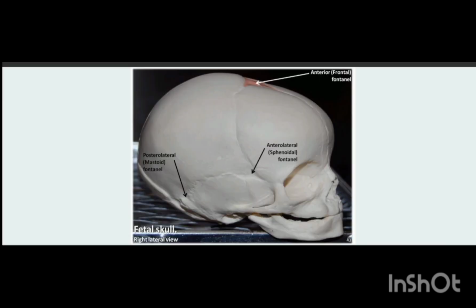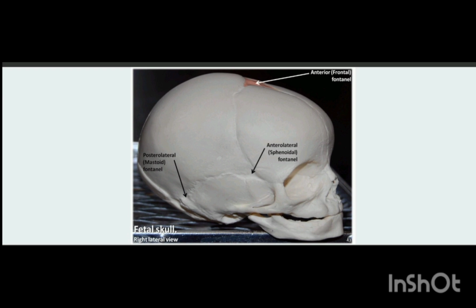Two more less important fontanelles are the anterolateral or sphenoidal fontanelle. It is present anteriorly and laterally, so it is called the anterolateral fontanelle, or otherwise the sphenoidal fontanelle, because the temporal bone is attached to the sphenoid bone.